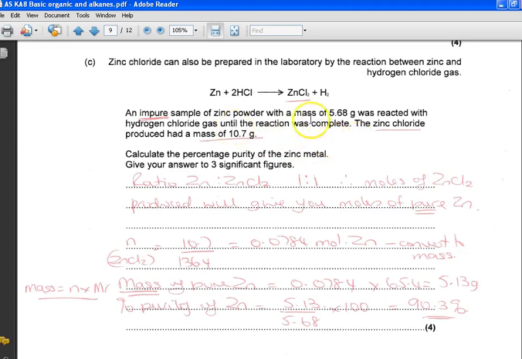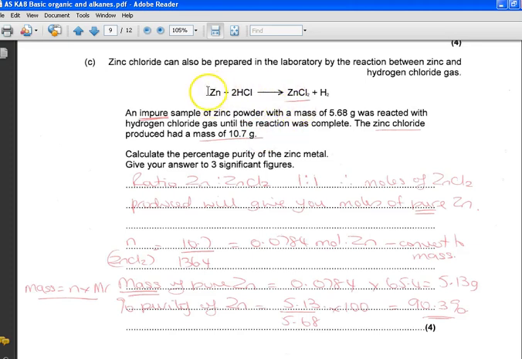Okay, so what have we got? We're told that you produced a mass of 10.7 grams of zinc chloride. Now, that zinc chloride, it's a 1-to-1 ratio here, isn't it? You've got 1 mole of zinc in your zinc chloride. So if you work out how many moles of zinc chloride you've got, which is easy, that would also tell you how many moles of zinc you've got. If that makes sense.